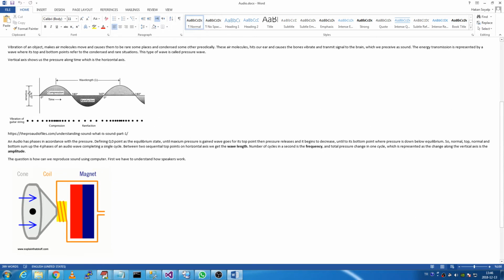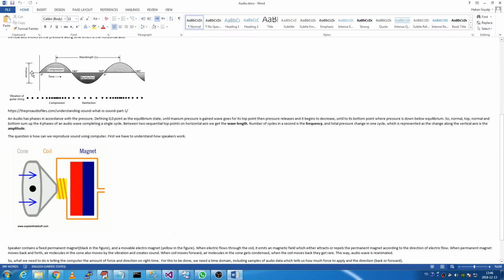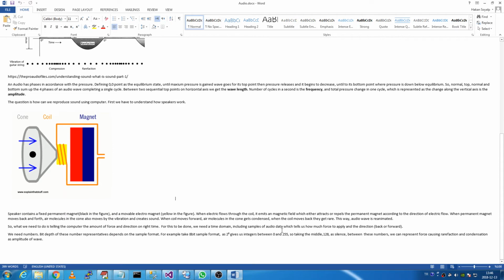Here the amplitude range is the 255 numbers, and you take the middle as the silence point, and you can represent the wave here by a set of numbers between these two. Okay.